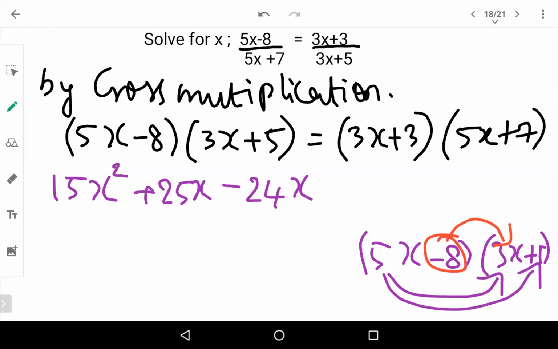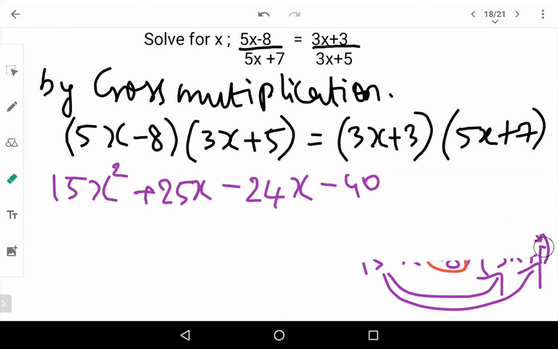And then lastly minus 8 into 5: 8 5s are 40, but it is minus 8, so minus 40. So this will be the first side, or the LHS, of the expression.